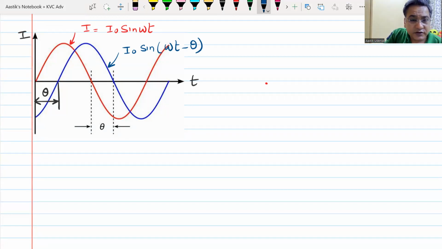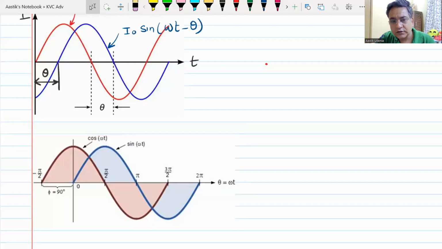I'll give you 2 minutes to draw the diagram. You can see, I've drawn the sine and the cos wave together. The blue one is the sine wave. The pink one or the dark one is the cos wave. Who is leading? Who is lagging?